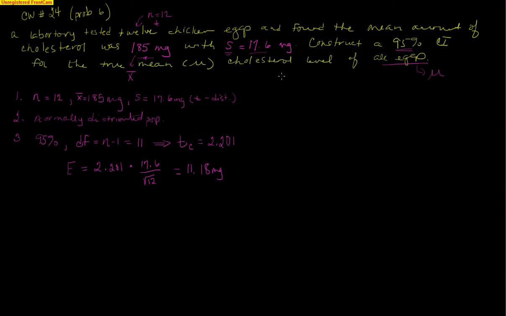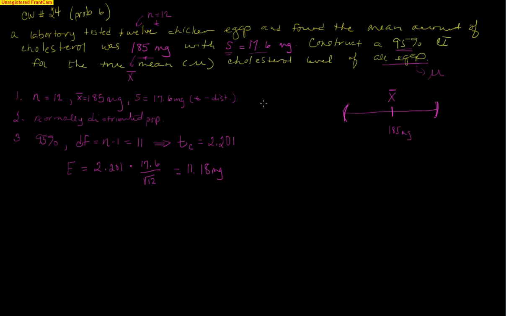So that's the error, just like we did in the confidence interval for a population proportion. Again, we're looking for some sort of interval. Our sample mean is right here, 185 milligrams. That's how much cholesterol was in our sample.